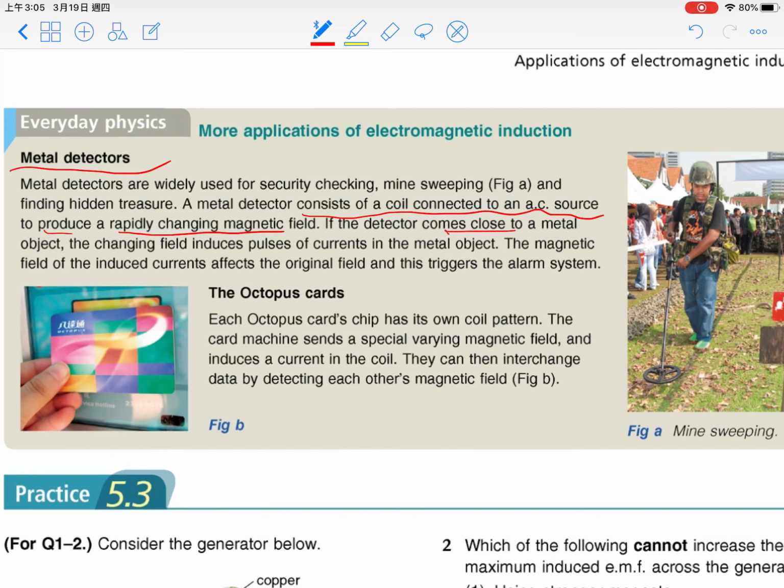If the detector comes closer to a metal, the changing field would induce a current in the metal object. Then the magnetic field of the induced current would affect the original field and trigger the alarm. Maybe the detector here sends a changing B field.